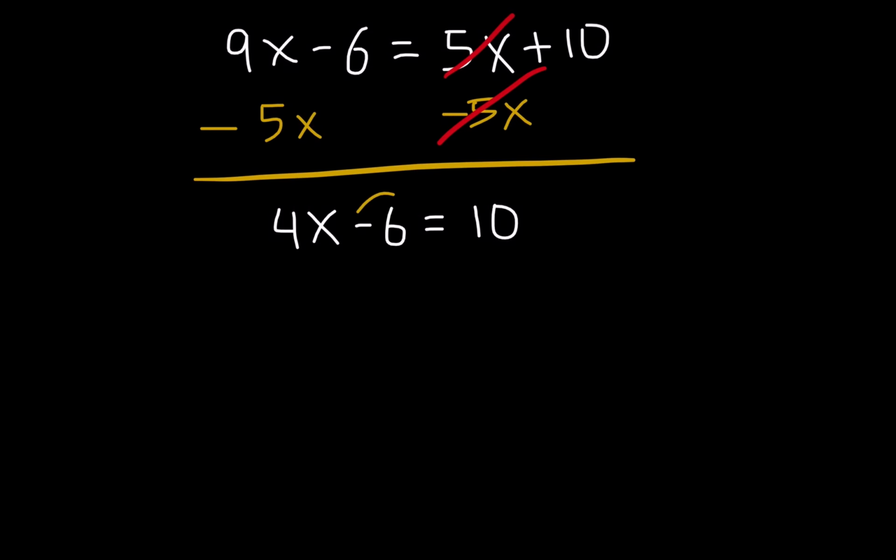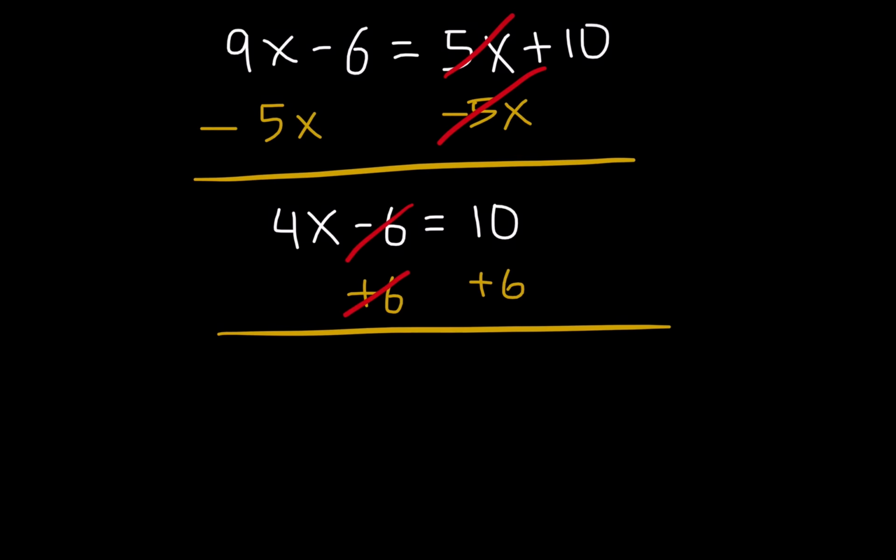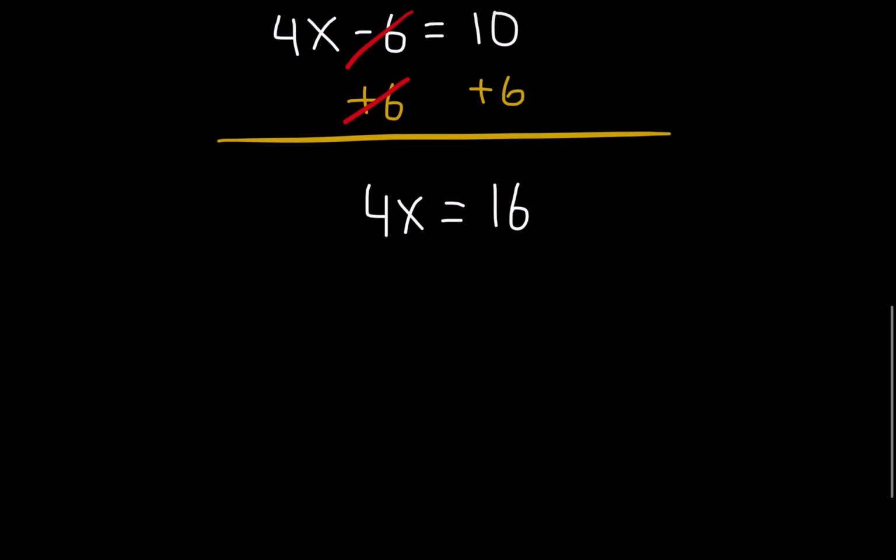Now to get rid of this minus 6, we just need to add 6 on both sides. On the left hand side you're subtracting 6 and adding 6, so these two cancel each other out again. You are left with 4x is equal to 10 plus 6, which is equal to 16.